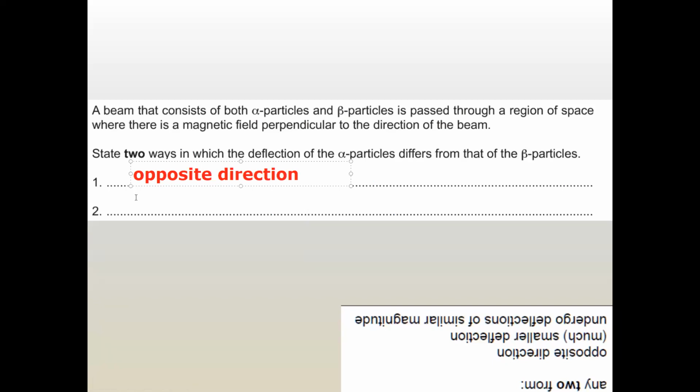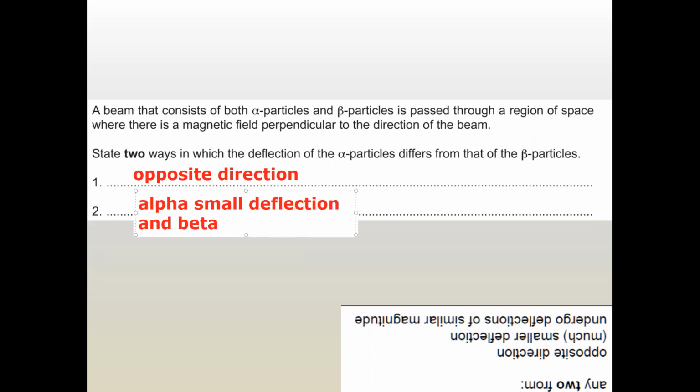If alpha is going down, beta will go up. And number two, alpha will have a small deflection and beta will have a large deflection. So that's how they are different from each other.